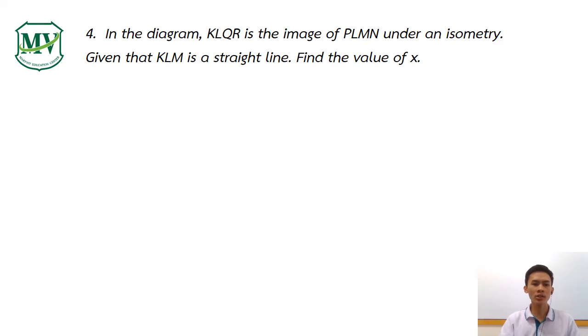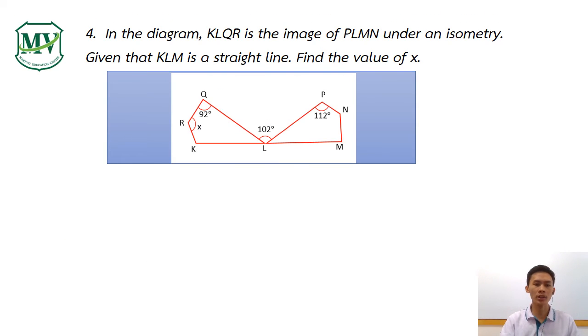Now let's go to question number 4. So in the diagram, KLQR is the image of PLMN under an isometry. Given that KLM is a straight line, find the value of X. So you just look at the diagram.